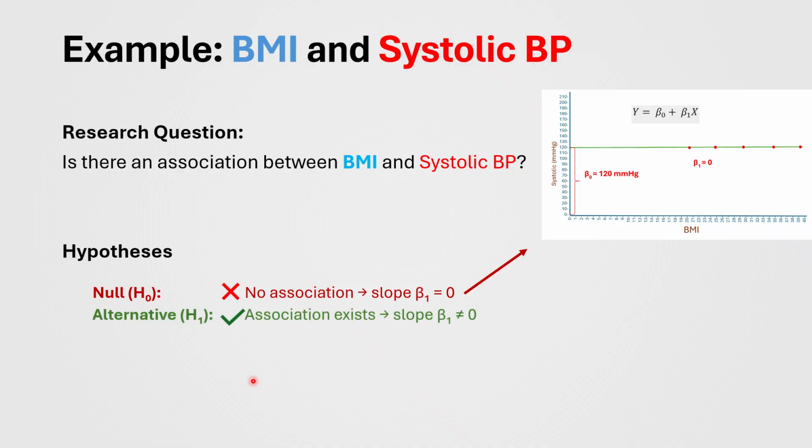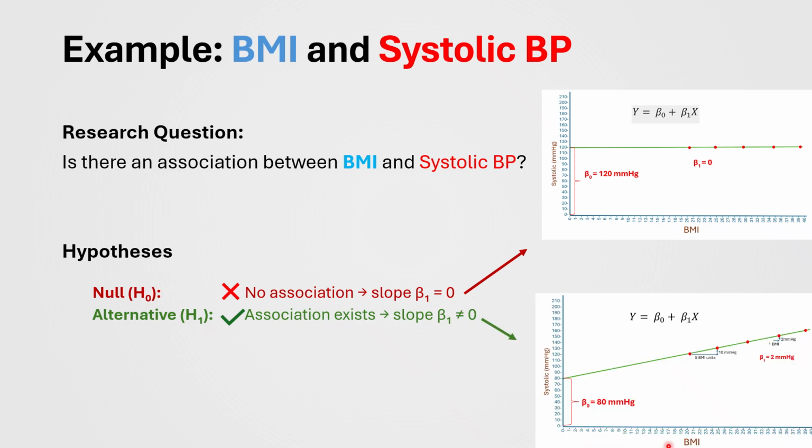The alternative hypothesis is that there is an association between our exposure and outcome. So the slope beta 1 is not 0, and it would look something like this. As the BMI is increasing, we see that there is an increase in the systolic blood pressure.